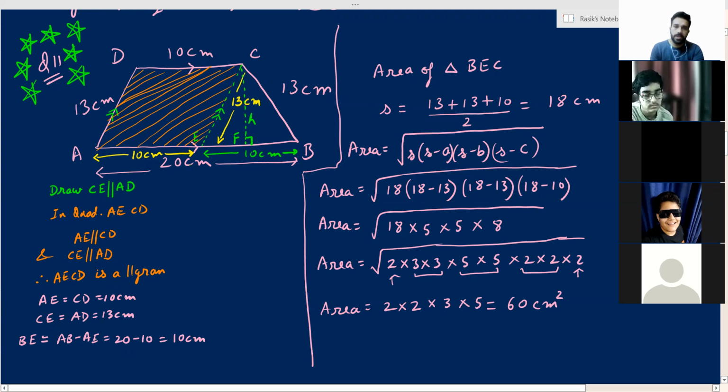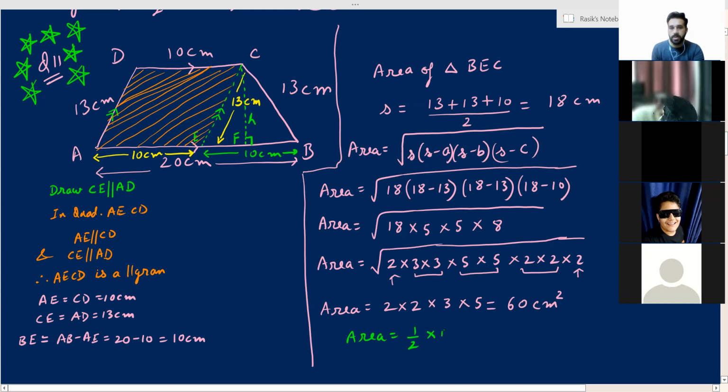And can we say CF is also the height of the trapezium? CF is acting as a common height of the triangle as well as the trapezium. So if we somehow get the length of CF, we will get the height of the trapezium. So we know another formula of area, that is half into base.